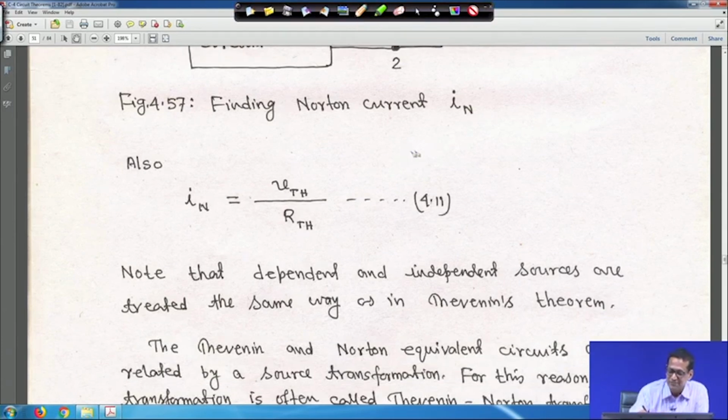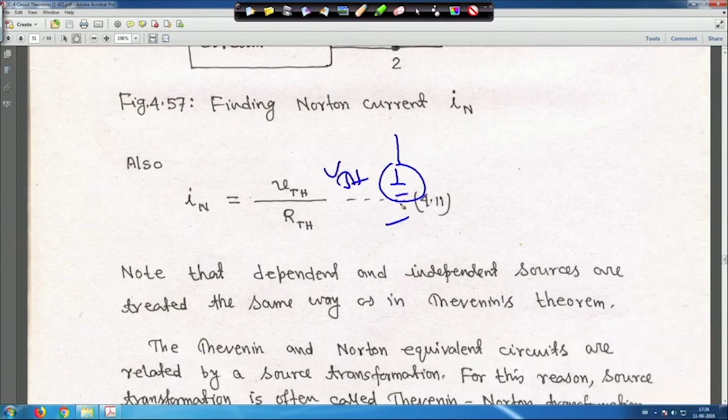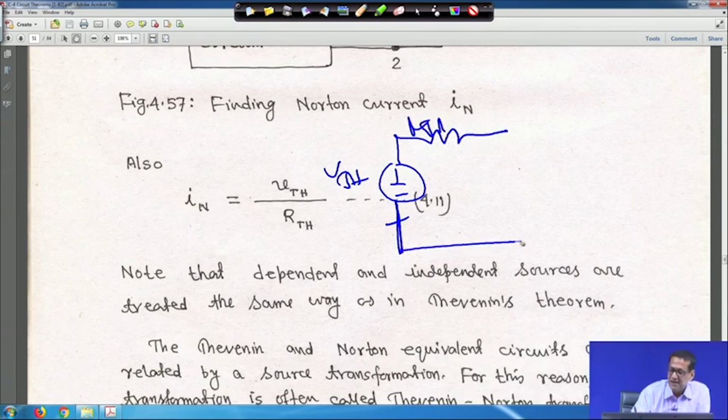Suppose in Thevenin's theorem, this is your V Thevenin you got, and this is your R Thevenin, with terminal 1 and terminal 2.